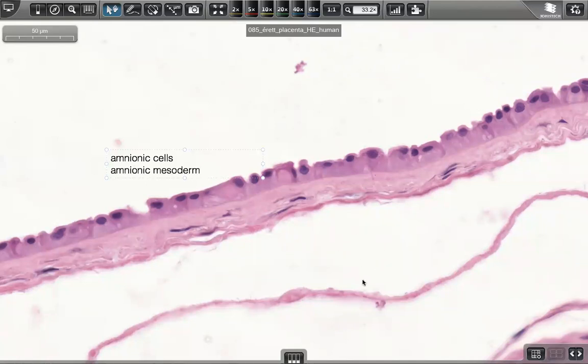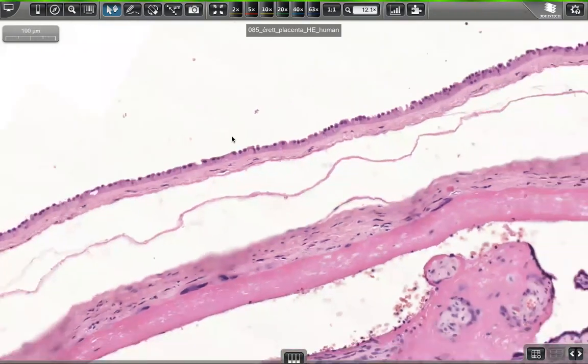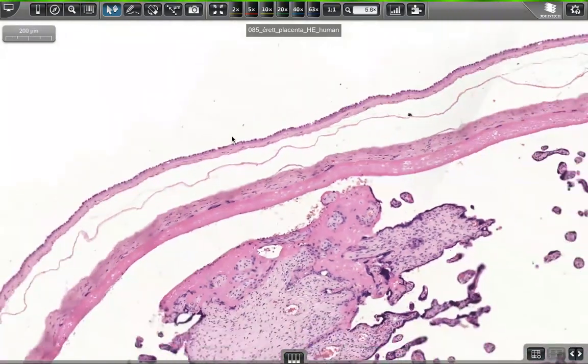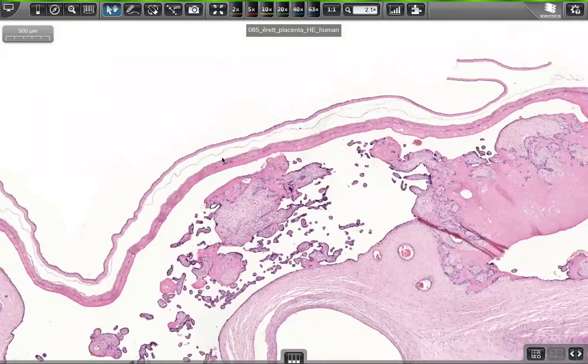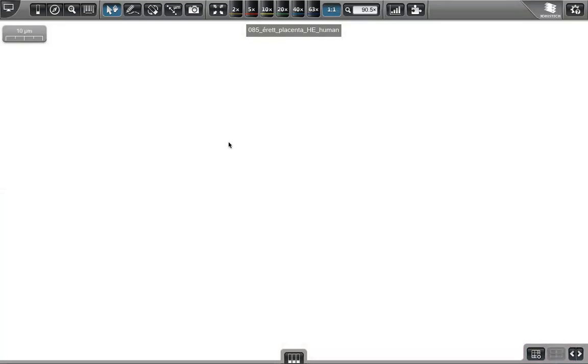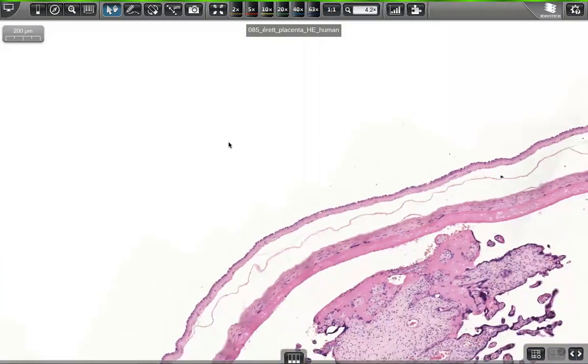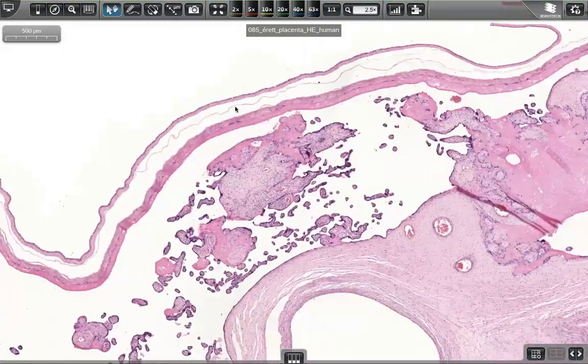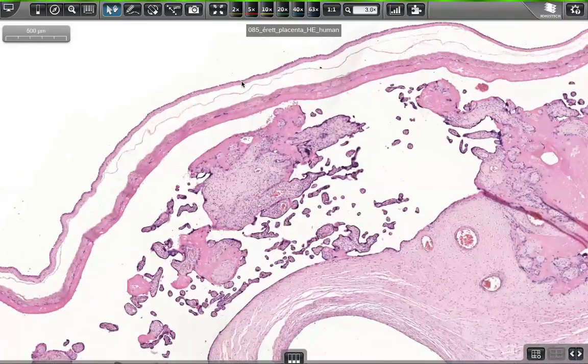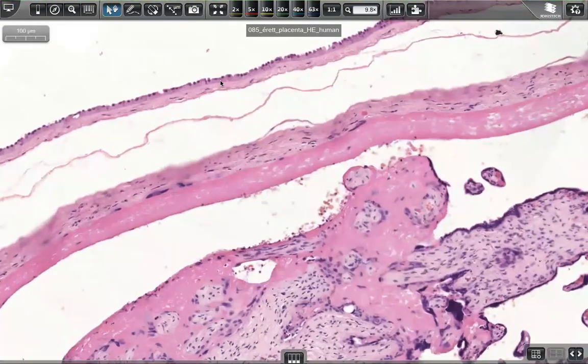It's thicker. That's what I'm showing. So this is the amniotic mesoderm as well.